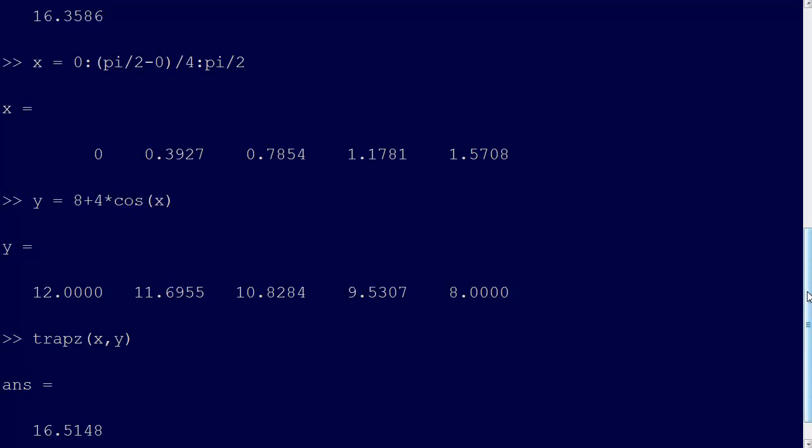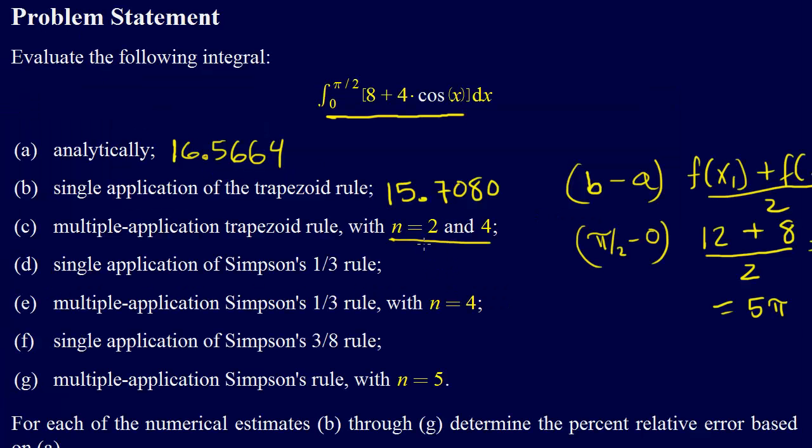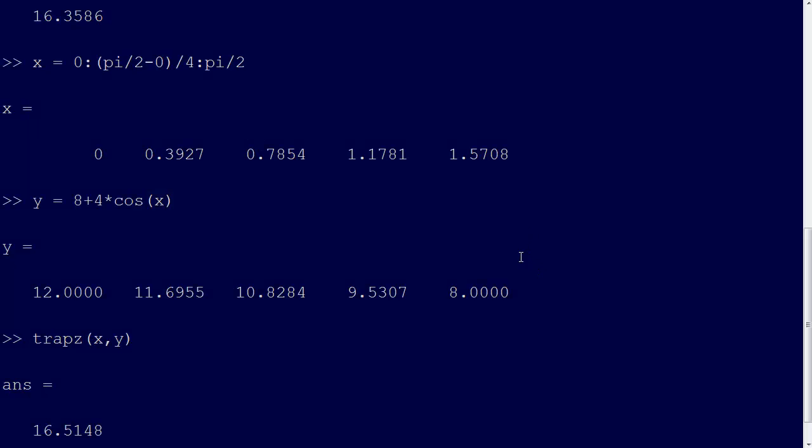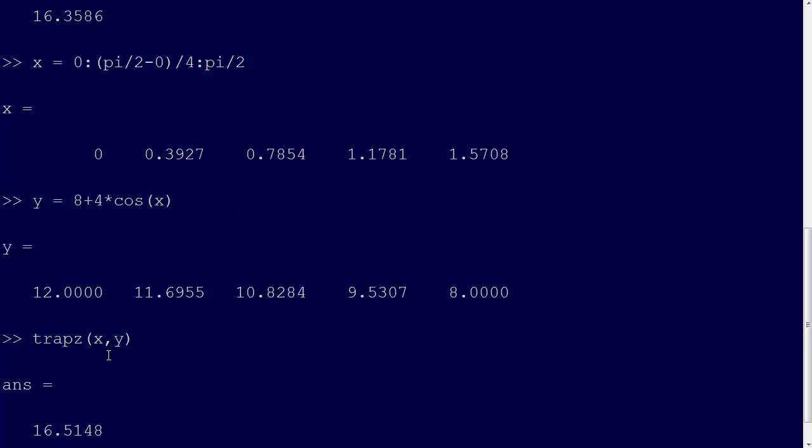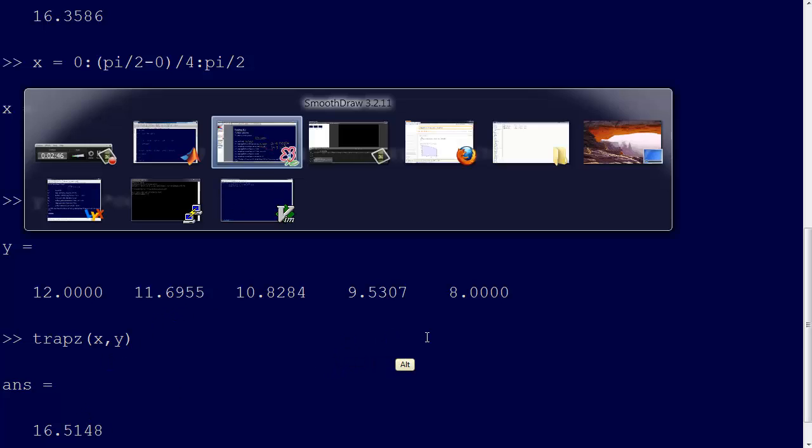Seeing both results together: with n equals 2, we have 16.3586, and with n equals 4, we get 16.5148.